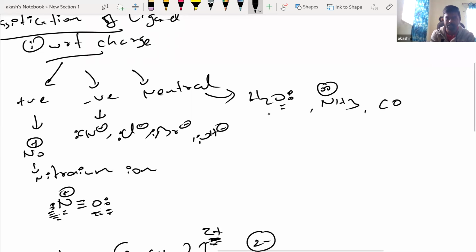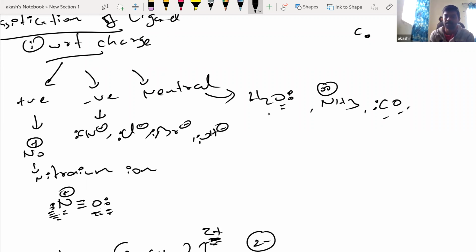This is not cobalt. Please understand, cobalt we write as capital C and small o. If I write capital C and capital O, that is carbon monoxide. Please don't confuse yourself. Here the carbon has a lone pair, and that can be donated.